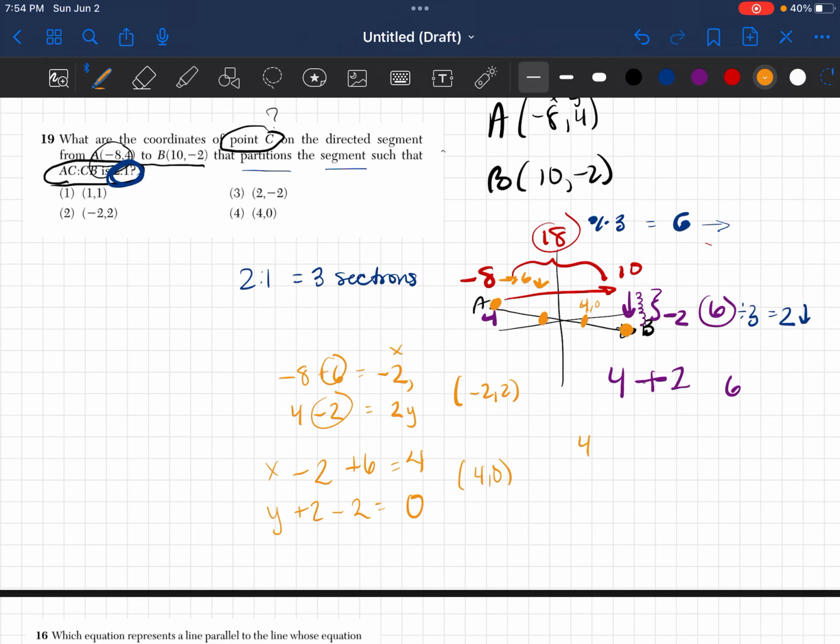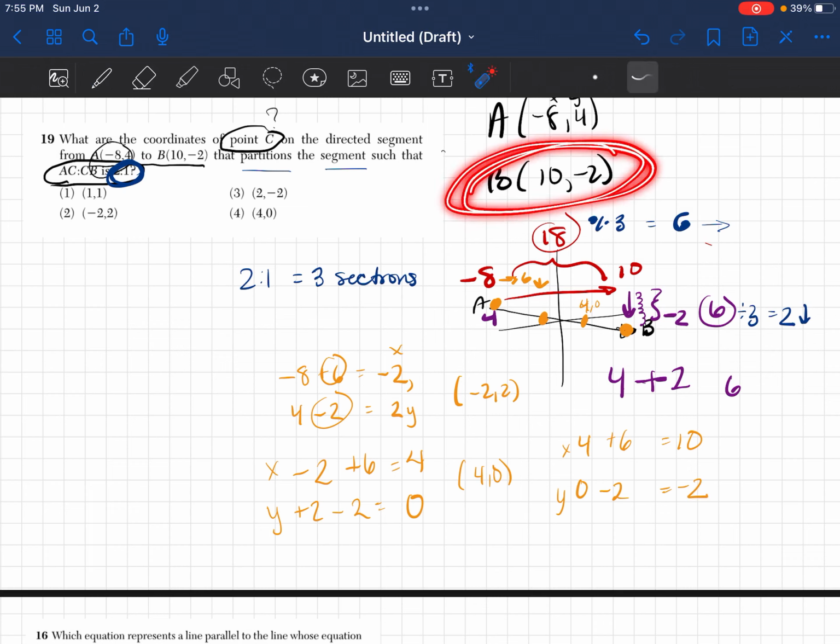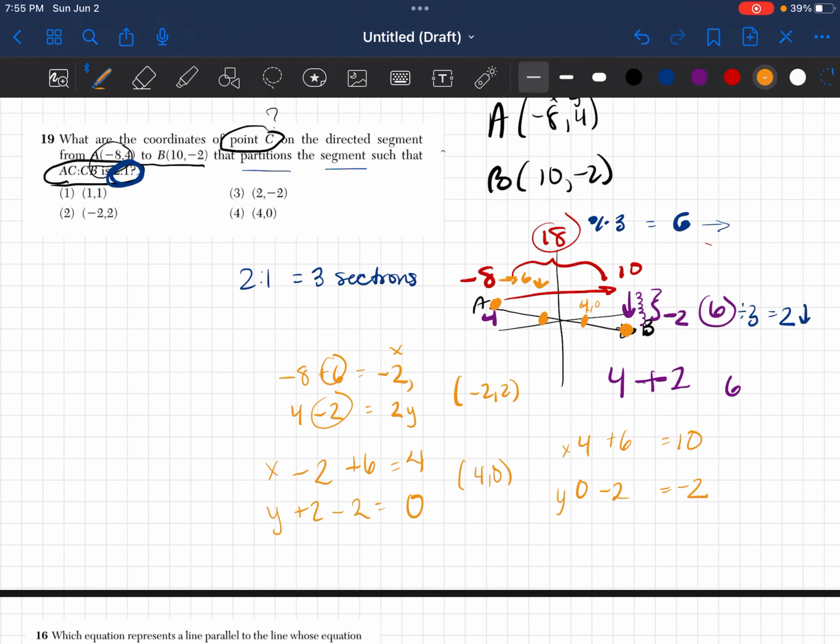And if I did it correctly, it will be this point right here. So I started with 4 and 0. I'm going to add 6, and I'm going to take away 2. 4 plus 6 is 10. 0 minus 2 is negative 2, and that is what that final spot is right here, 10, negative 2. So what I want to do is count from my partition.